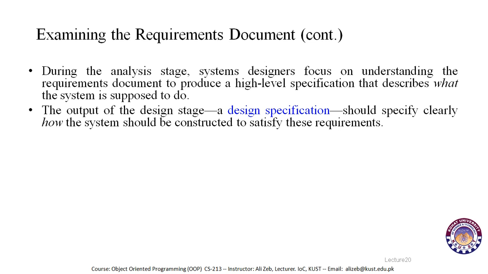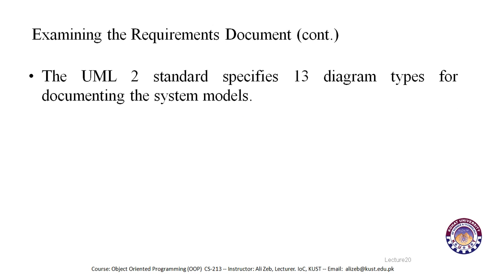The output of the design stage, a design specification, should specify clearly how the system should be constructed to satisfy these requirements. And there are certain models that we can use to develop a design of our proposed system.